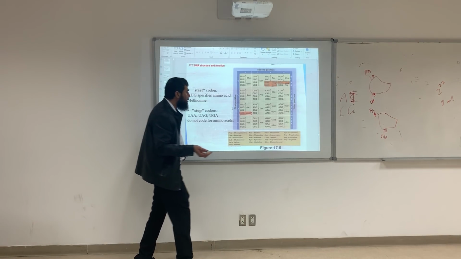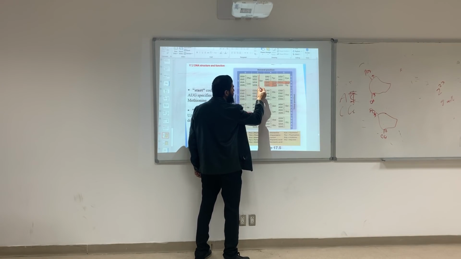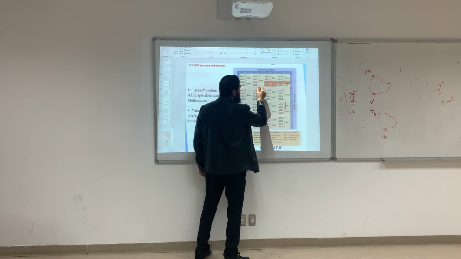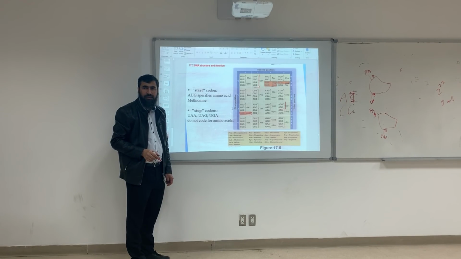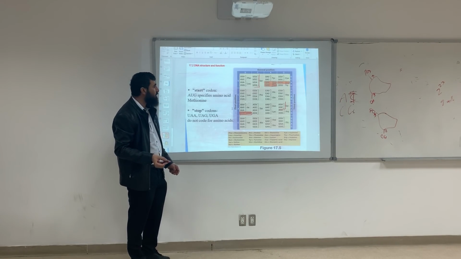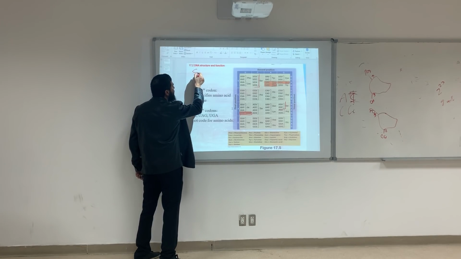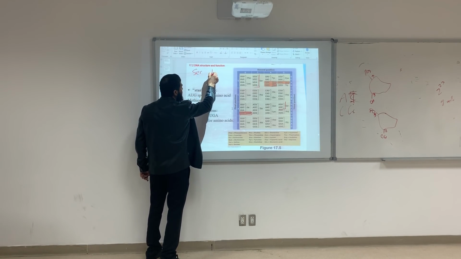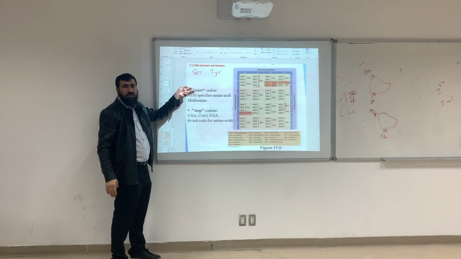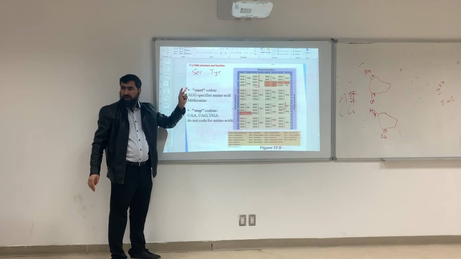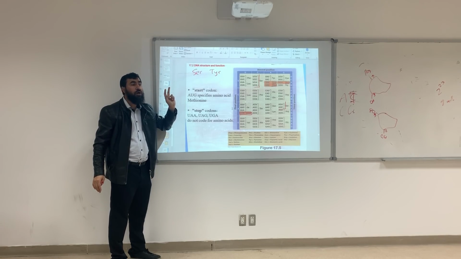So, for example, serine here has 6 different codons. Now, if I give you a sequence like this, the RNA sequence could have multiple different variations. So make sure you know that, all right?